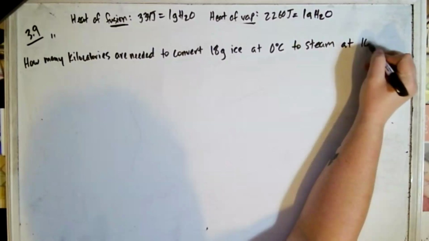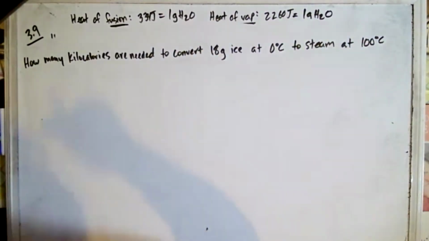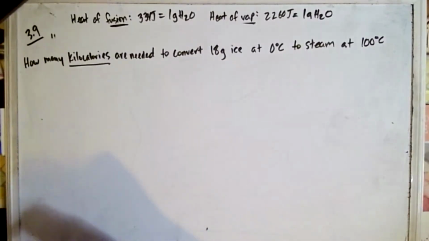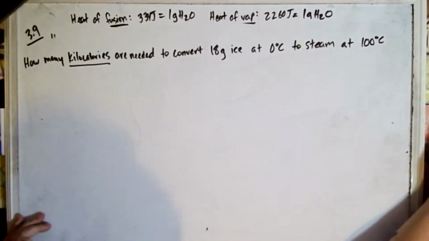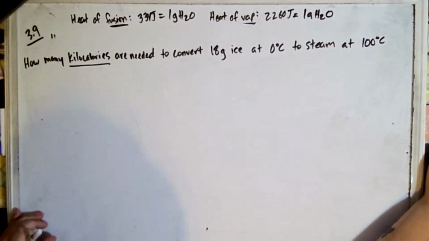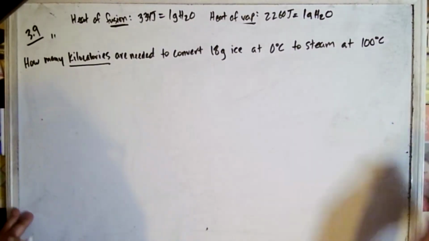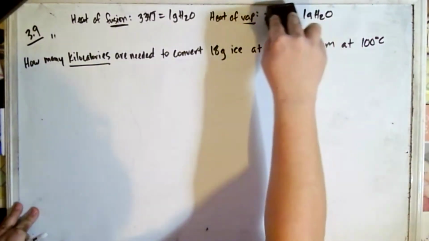at 100 degrees Celsius. So by using the kilocalories, that makes it at least a little more interesting because we're going to have to use our calorie versions of these values that we've been working with. Just give me a second to go back and get the calorie versions of these.